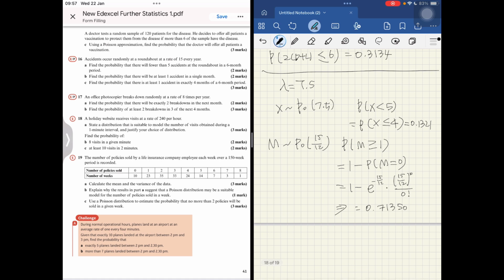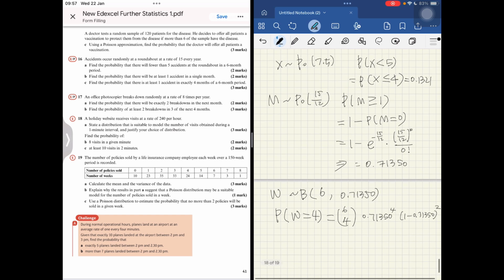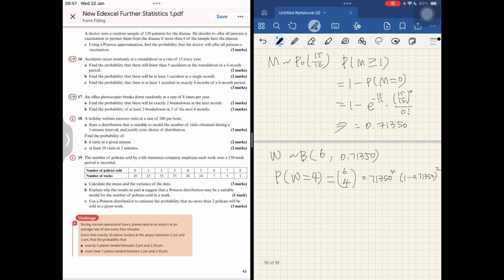Now this is binomial, so let me call it W, binomial with 6 months and 0.71350. Exactly 4, so W becomes 4. Out of 6, success is 4. Success means the expectation happens. So C(6,4) times 0.71350 to the power of 4, times 1 minus 0.71350 to the power of 2. This is the answer.